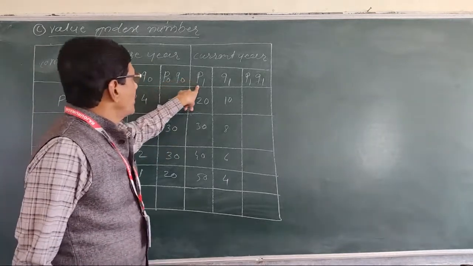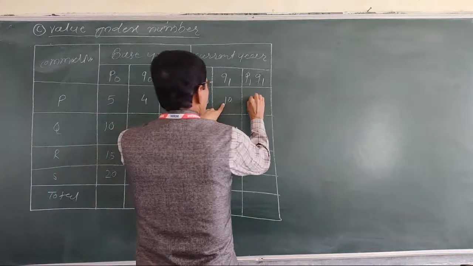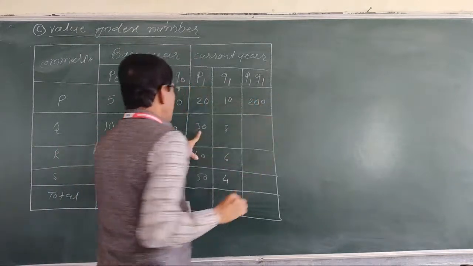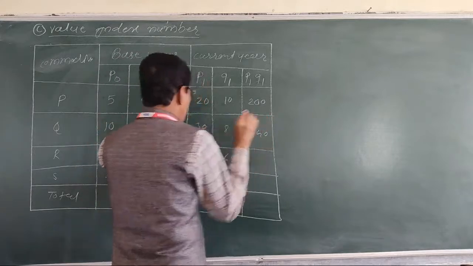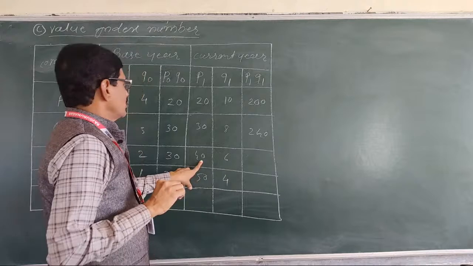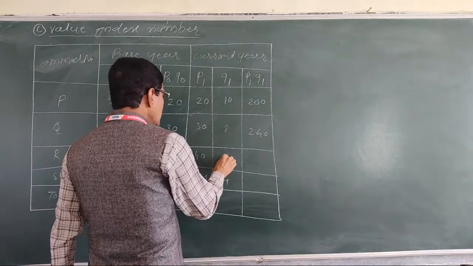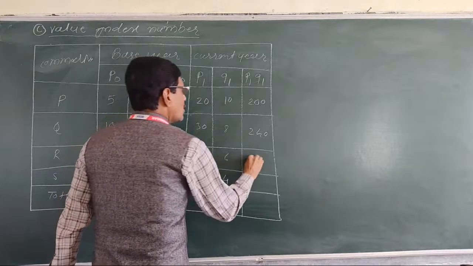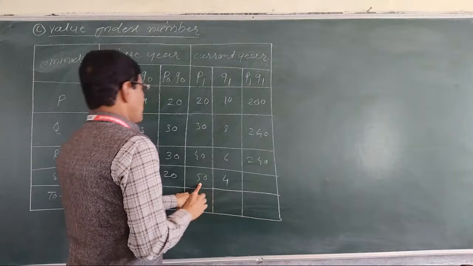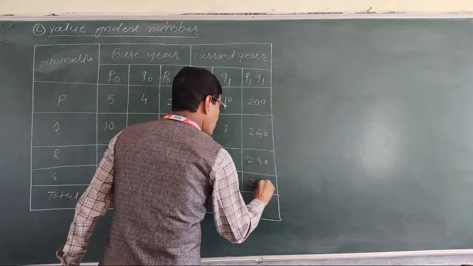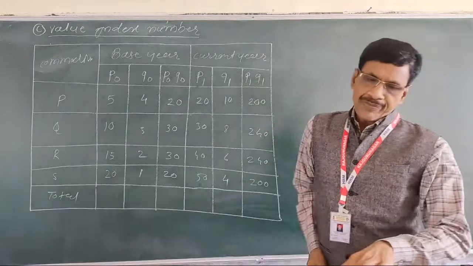Then P1 and Q1: 20 into 10, 200; 30 into 8, 240; 40 into 6, 240; and 50 into 4, 200. Very simple method.